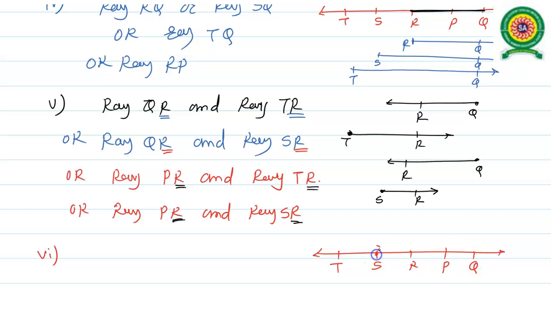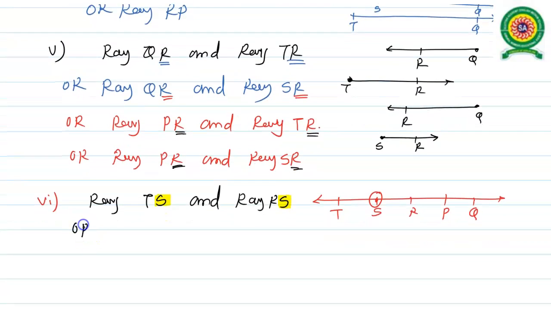Now S becomes the end point. So we may have a combination like ray TS and the other ray, let it be ray RS. Both have the end point S only, and they might have the same direction or different direction, it doesn't matter.